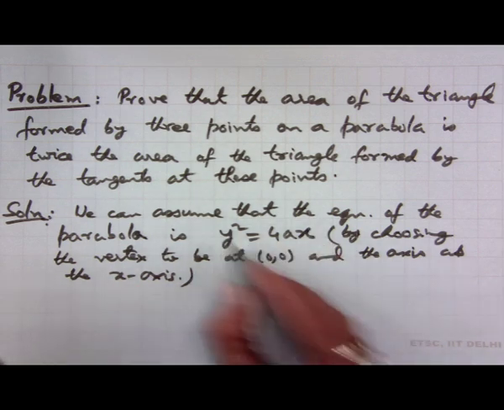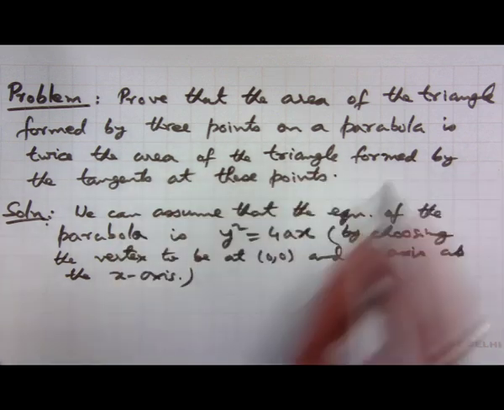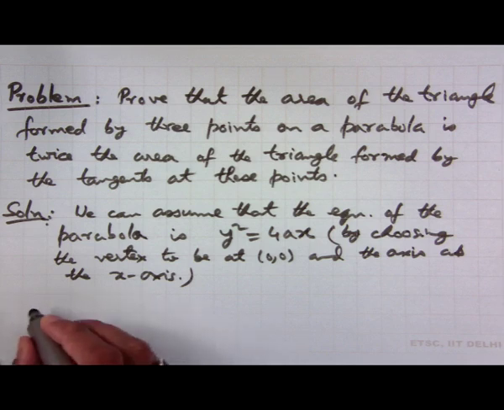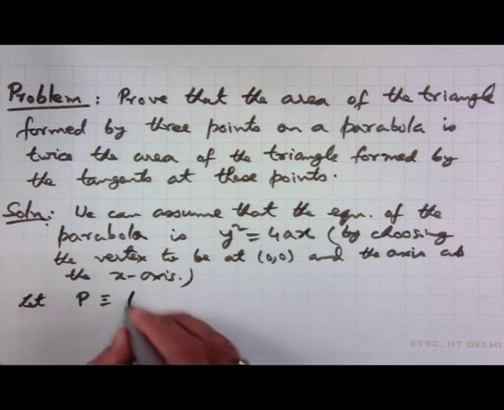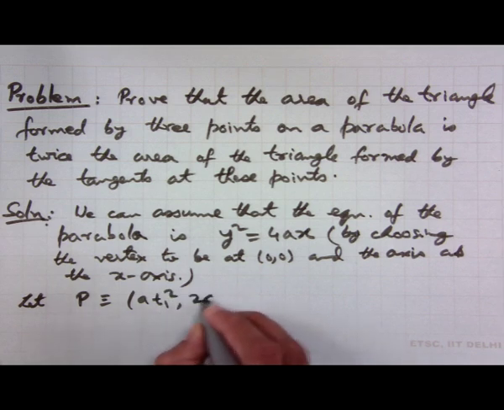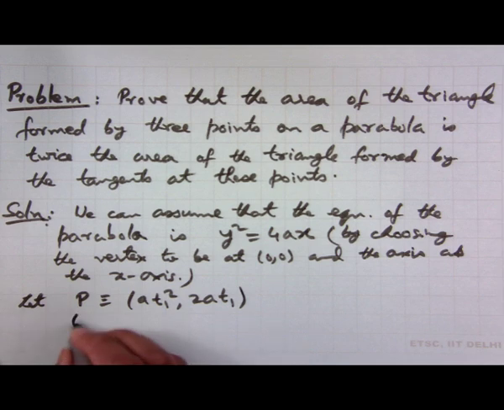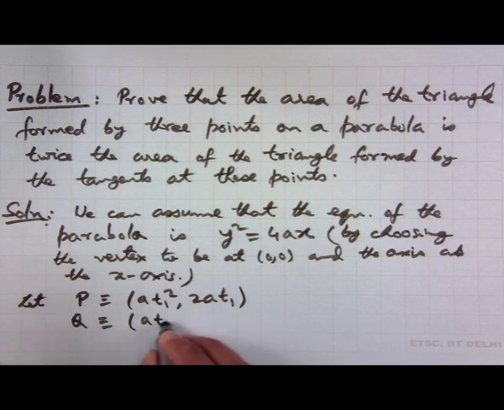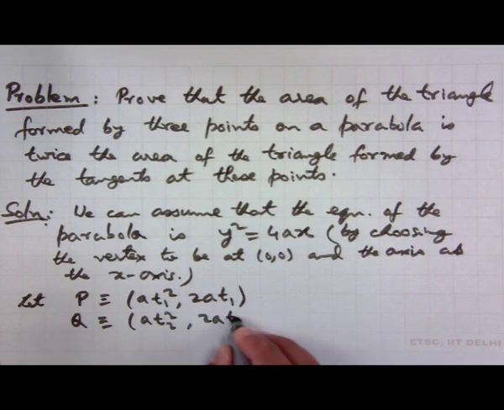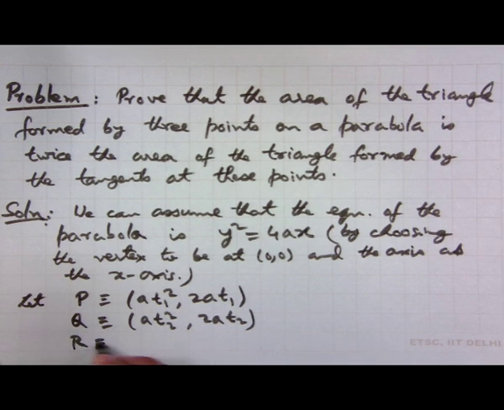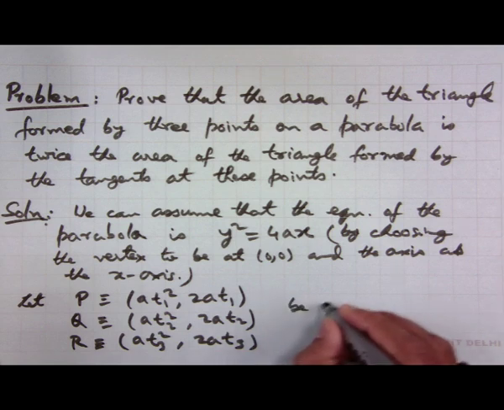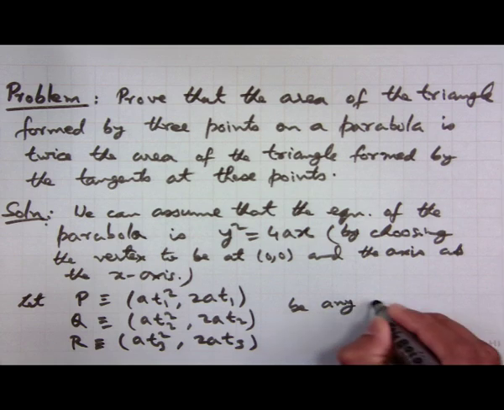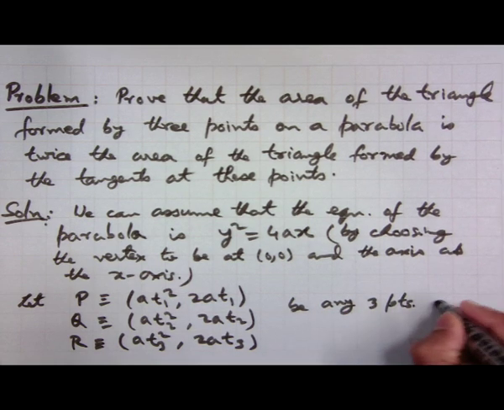So, we have parabola y square equal to 4 x, and any 3 points we can take in parametric form. So, let P be a t 1 square, 2 a t 1, Q is a t 2 square, 2 a t 2, and R is a t 3 square, 2 a t 3, be any 3 points on the parabola.